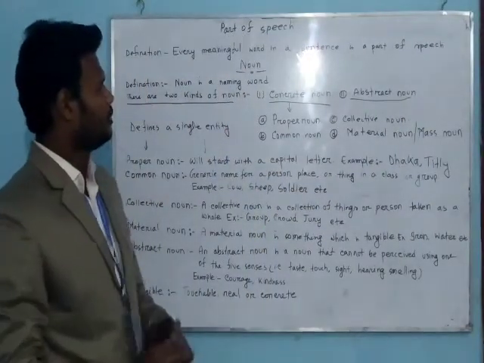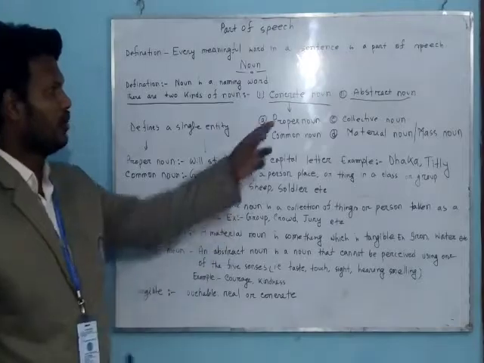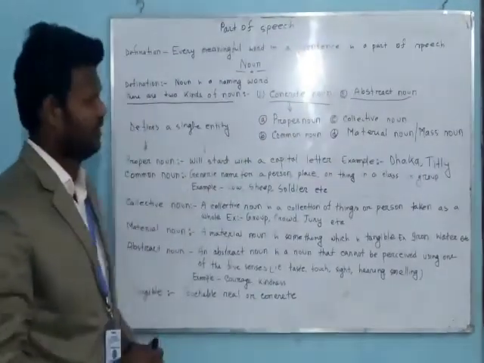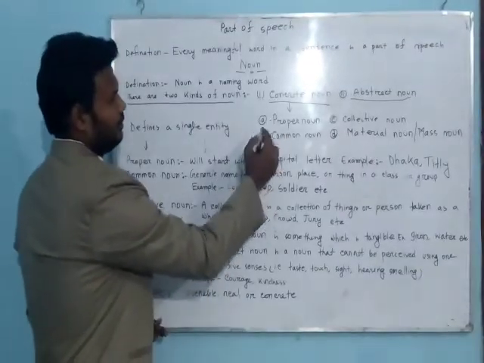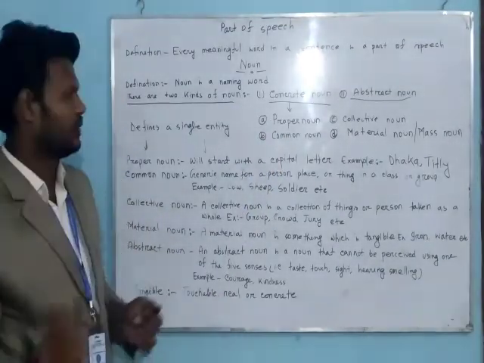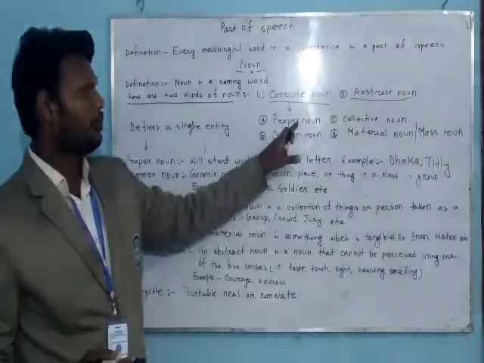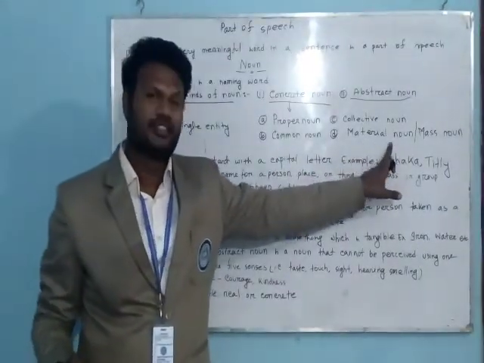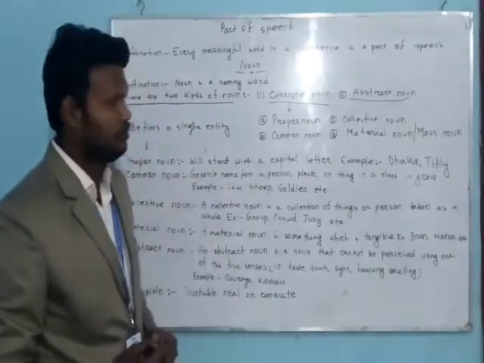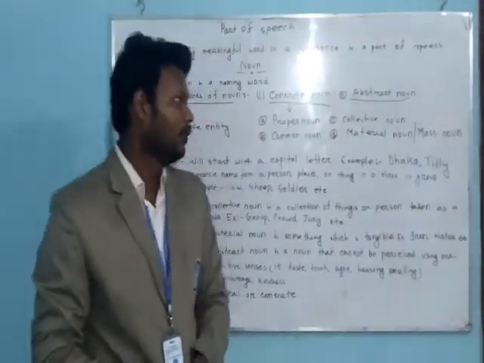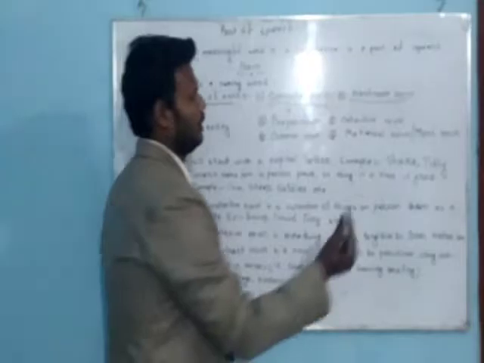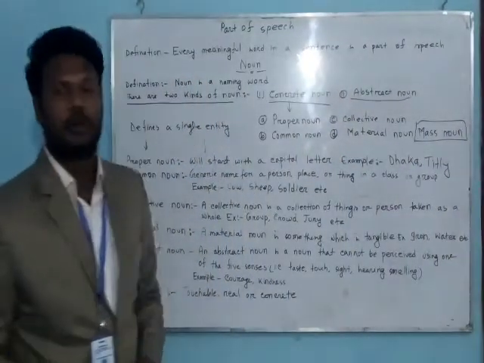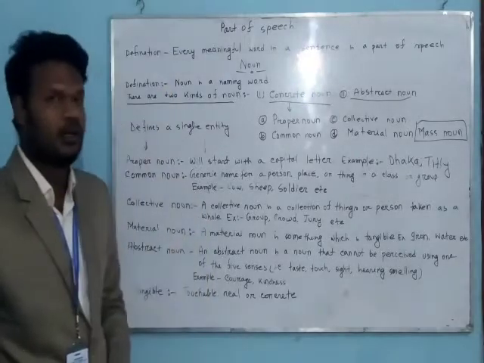Here, there are 4 types of concrete noun: proper noun, common noun, collective noun, and material noun. Another name of material noun is mass noun. I hope you have got a new piece of information here.